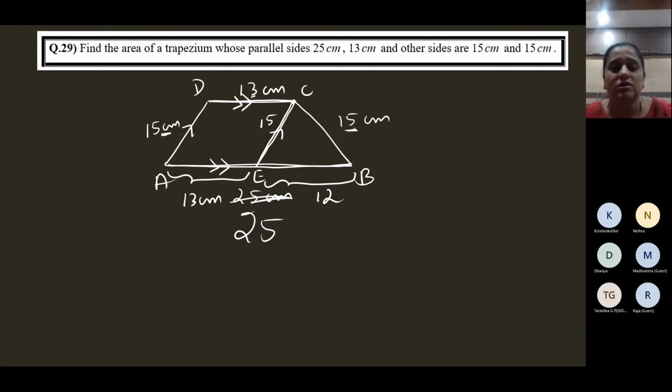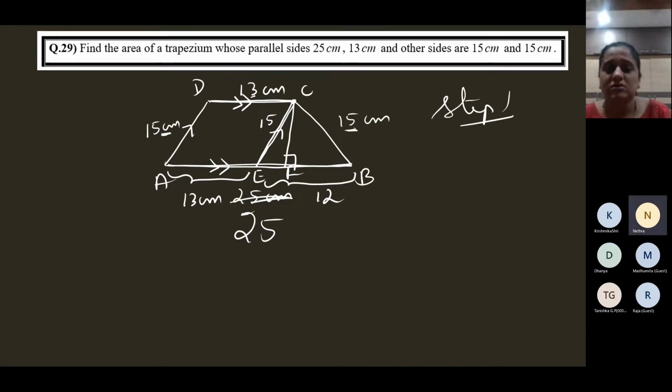So next, draw an altitude from C on AB, you can mark it CF. Step one, you should find the area of the triangle CEB using Heron's formula. Then use half base into height and equate the same area.